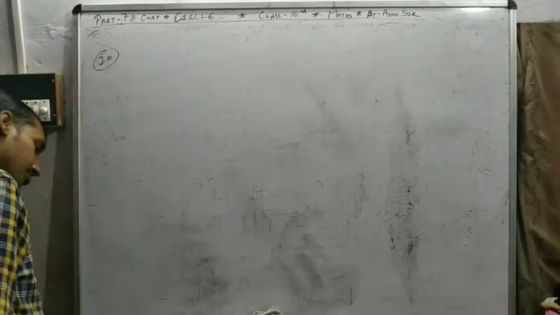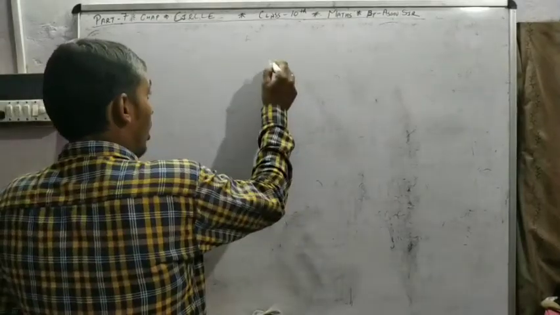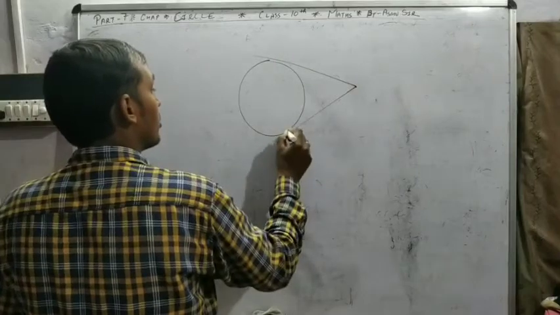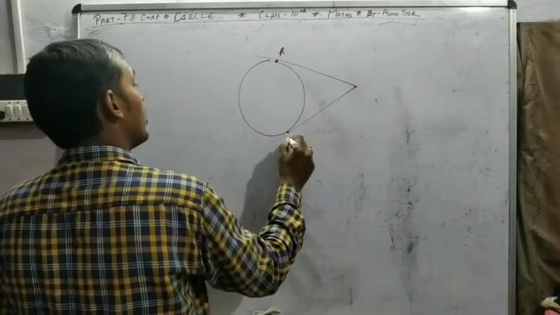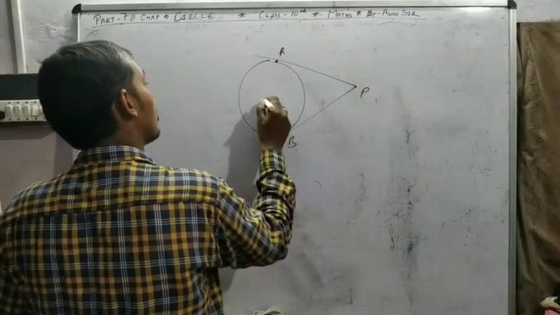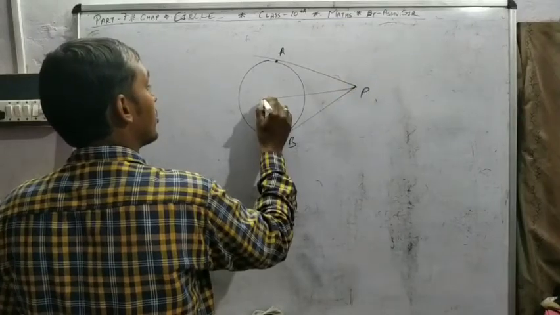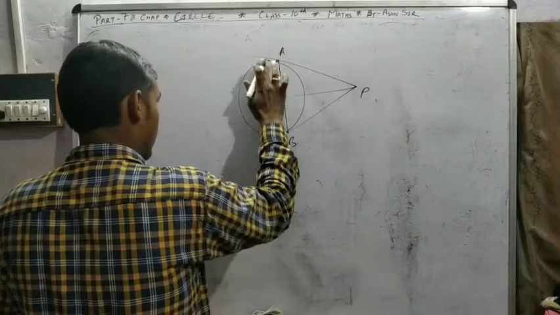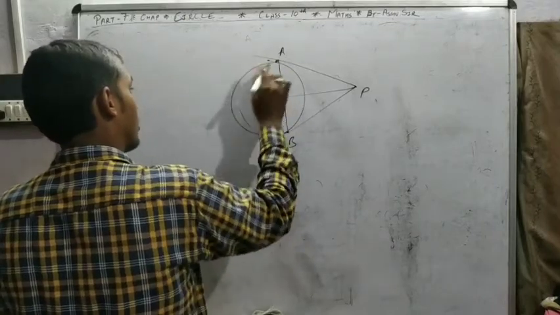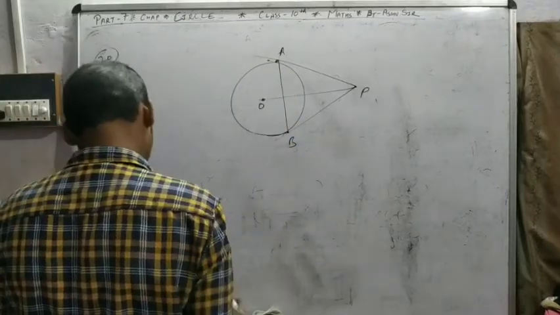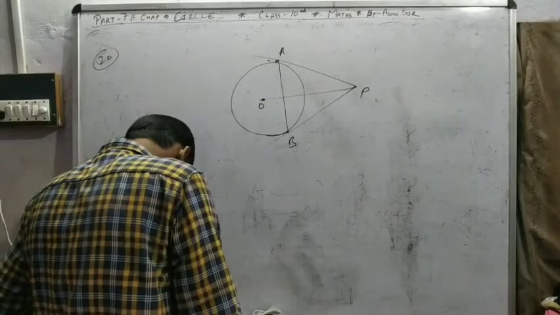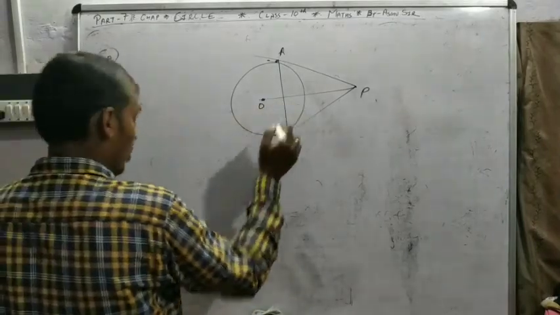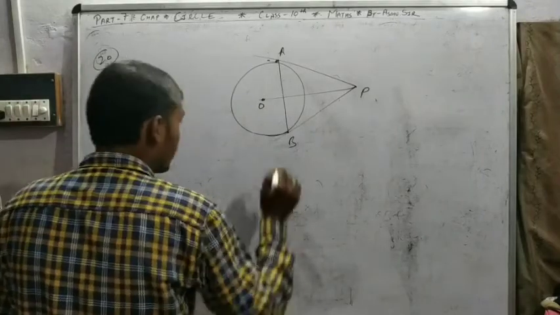Question 20. If PA and PB are the two tangents of the circle, so prove that OP is the right bisector of AB.